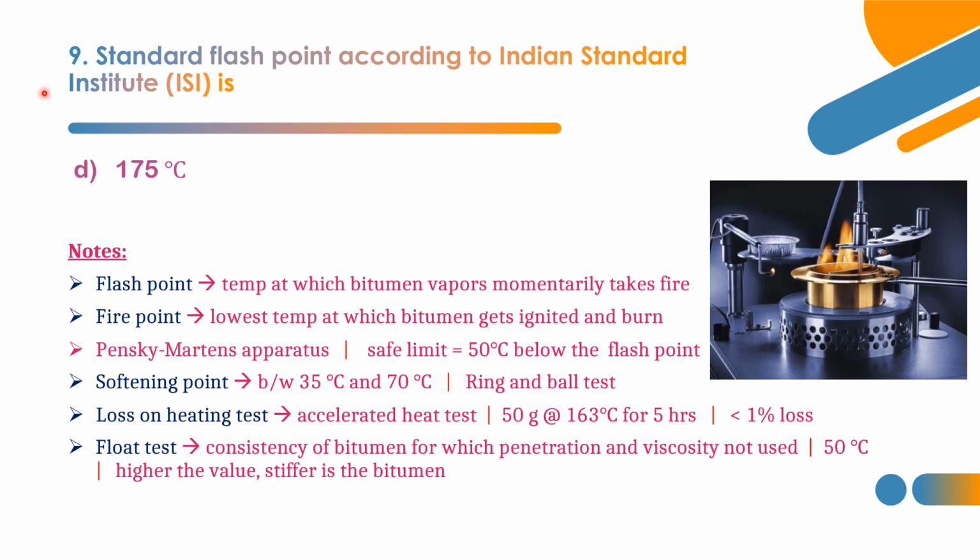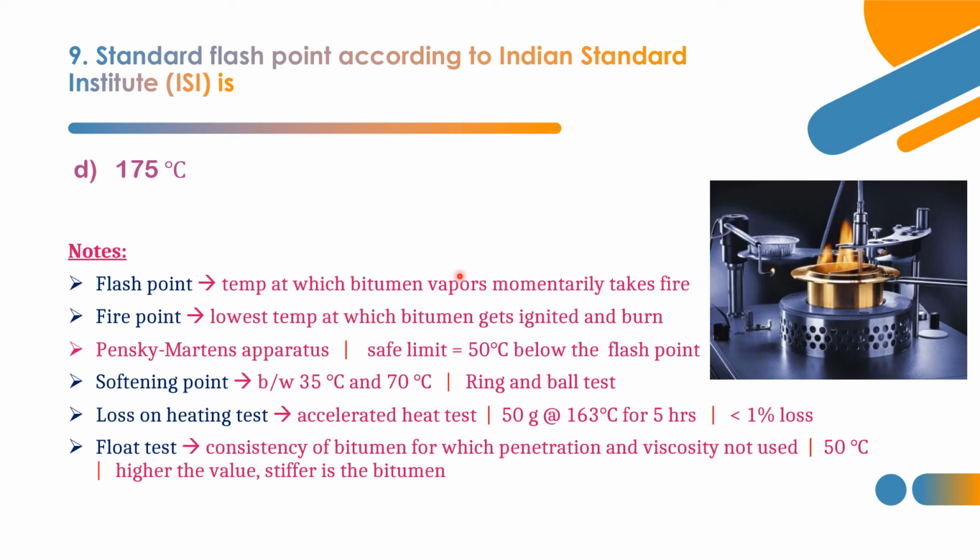Now we shall see the definitions of some terms like flash point, fire point, softening point, float test, like that. So first, flash point is nothing but the temperature at which bitumen vapors momentarily take fire. There will be some vapor on bitumen when we are heating.